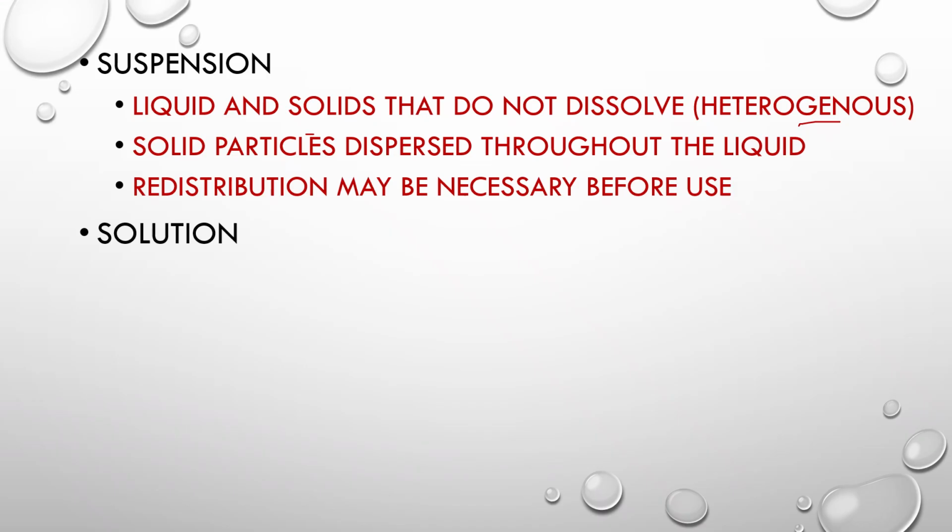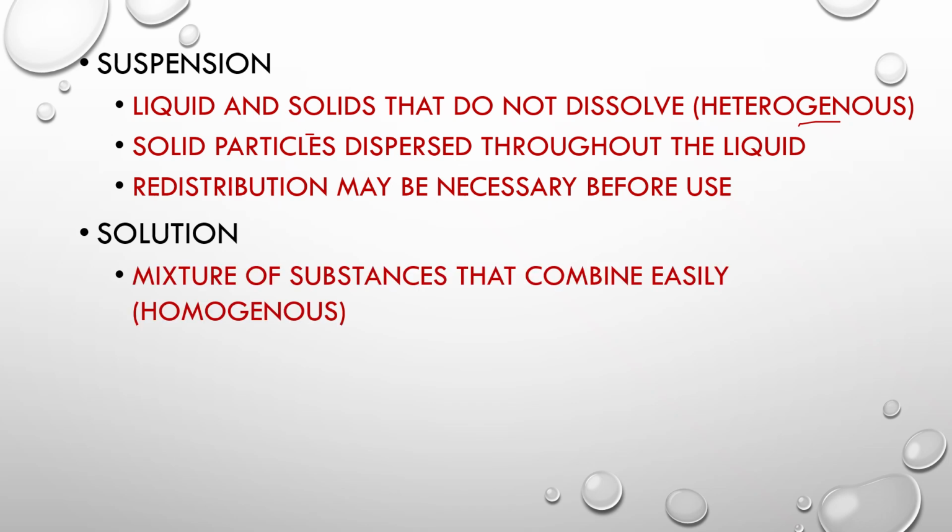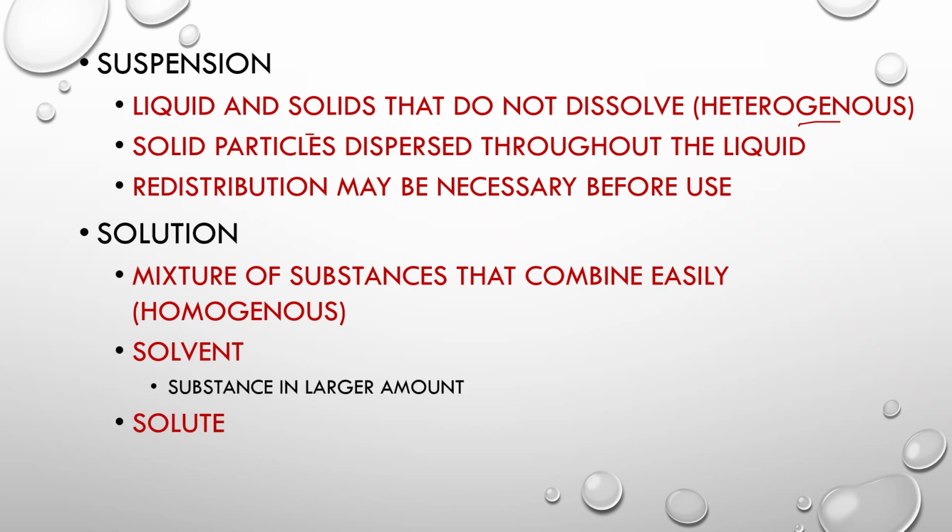And then our last one is a solution, and this is where we have a mixture where we're easily combining those two things. So they're homogeneous. We can't see the separation of them. And whenever this happens, we have two terms: solvent, which is the substance in larger amounts, and then the solute, which is the one in less amount.